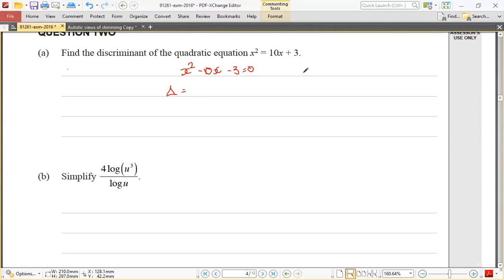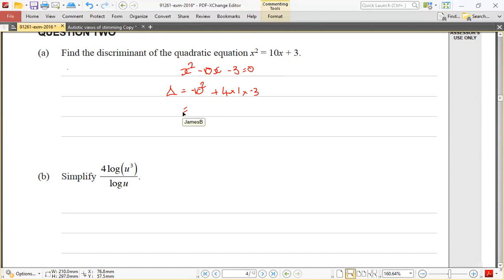Yes, do we have to write that out? Yeah. So it's going to be negative 10 squared plus 4 times a, which is 1, times c, that is negative 3. So 100 take away 12. 100 plus 4 times negative 3 is negative 12.